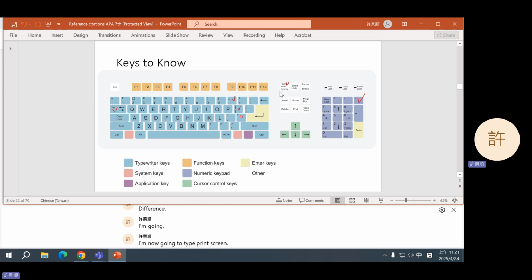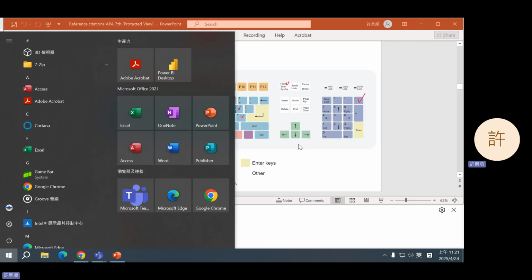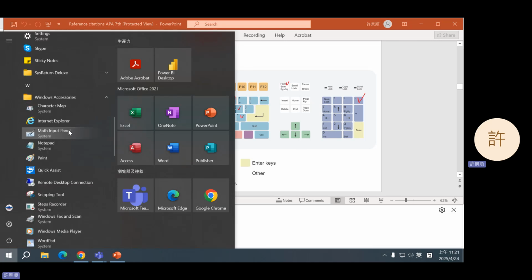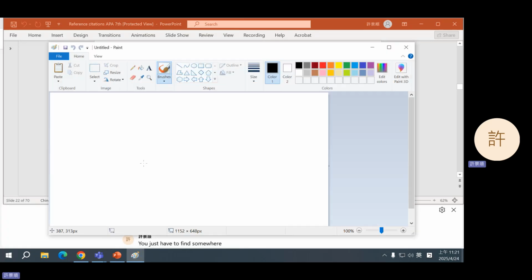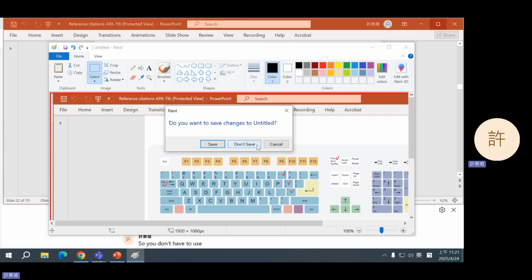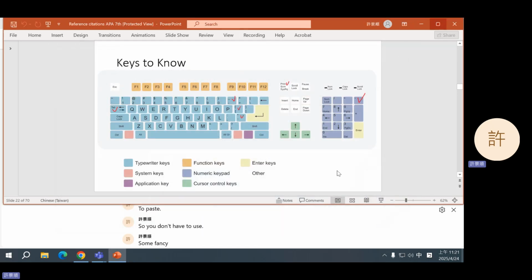Nothing happened, right? It is now copied to the clipboard. You just have to find somewhere to paste the picture. So you don't have to use some fancy screenshot tool. You can just press Control, print screen, and then paste it somewhere.